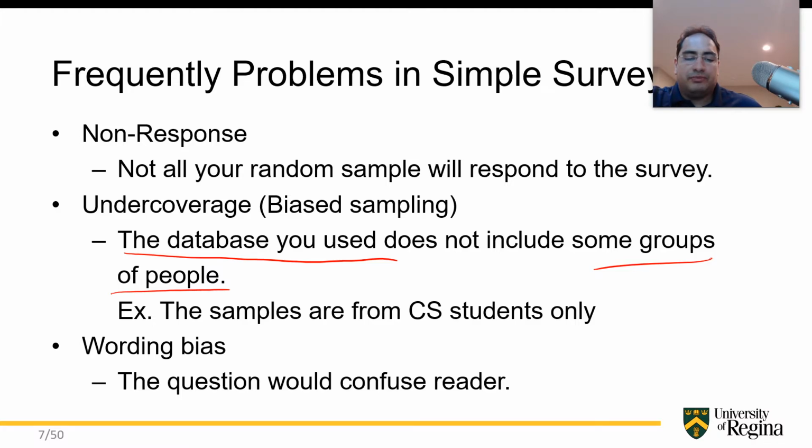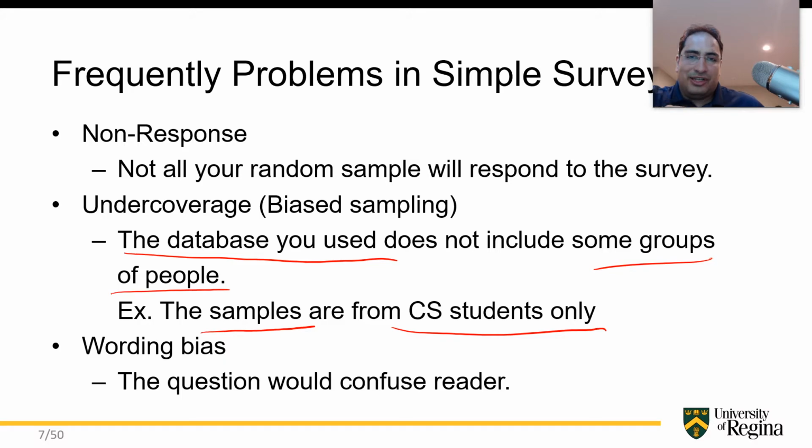That happens a lot. When we get surveys in the computer science department, we ask students in the computer science department, and the data samples are usually from computer science students. And we're asking them, okay, how good are you at using, say, LaTeX or Microsoft Word or a specific software?